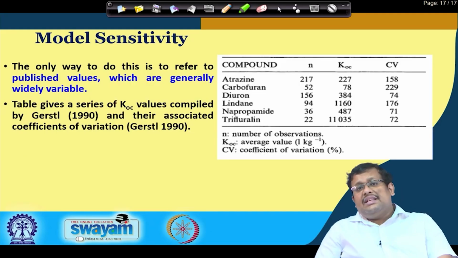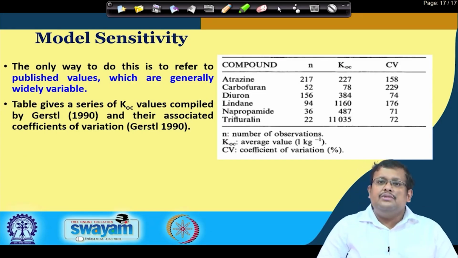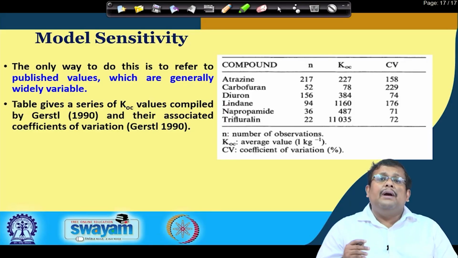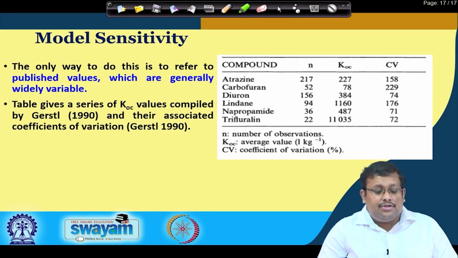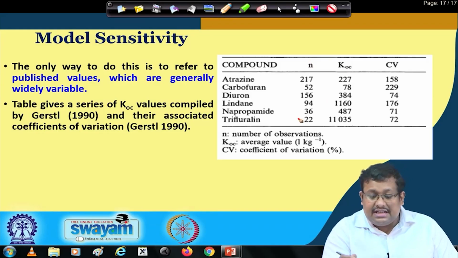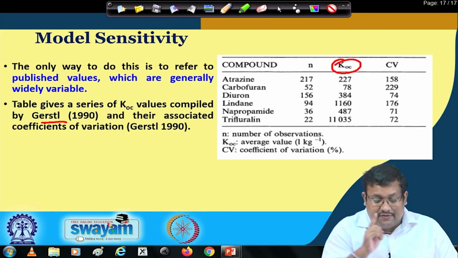Now, what is the way to deal with this kind of problem, because it is highly variable and sometimes it is not useful or feasible to measure those parameters? So, how do we cope with this model sensitivity issue? The only way is to refer to published values, which are generally widely variable. This table shows a series of KOC values compiled by these scientists and their associated coefficients of variation.